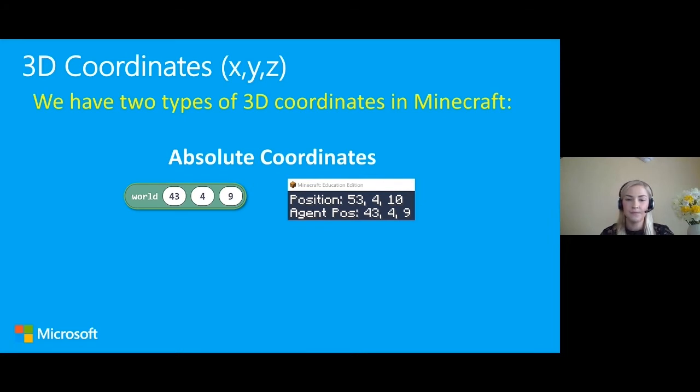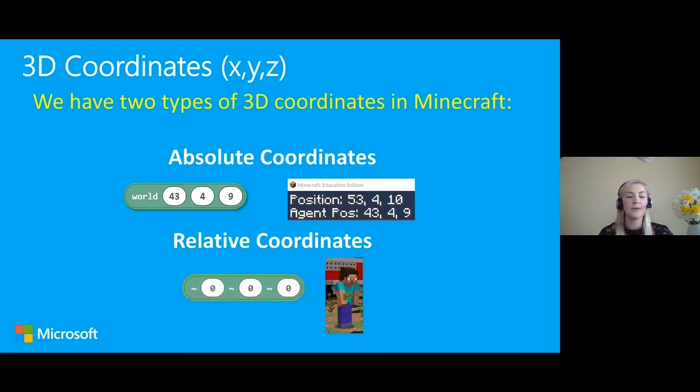Whereas there are relative coordinates also in Minecraft, and our relative coordinates relate to our player. So they relate to our player, and our player can move around the world. So our player can move to different places, so the relative coordinates will move with our player.